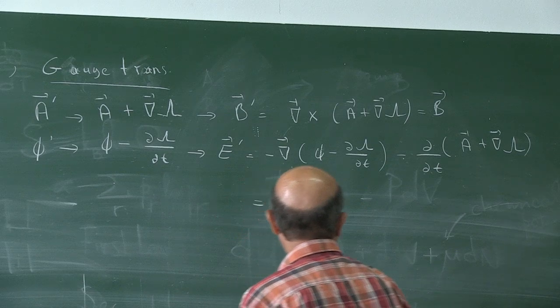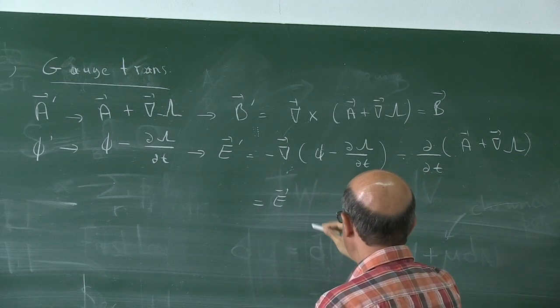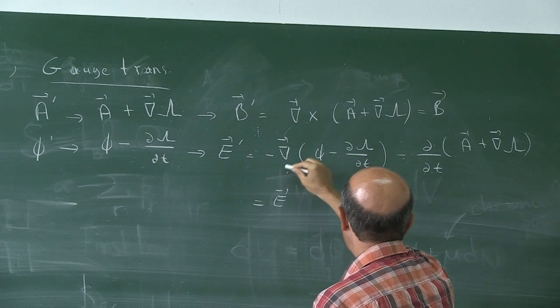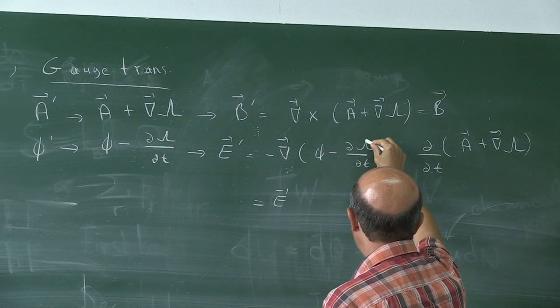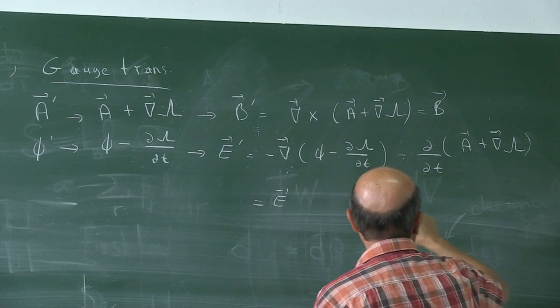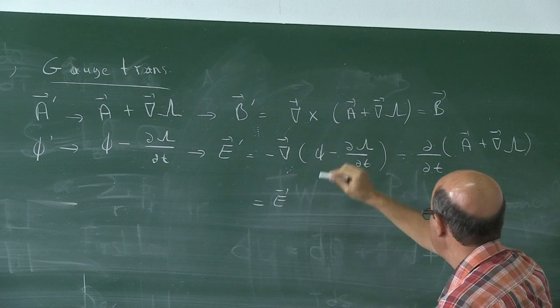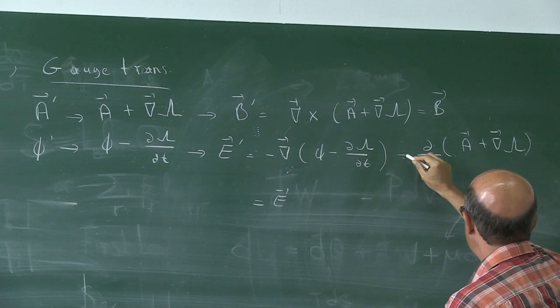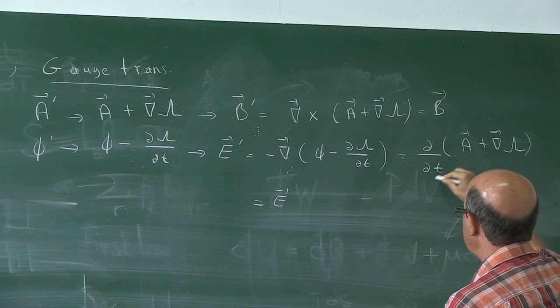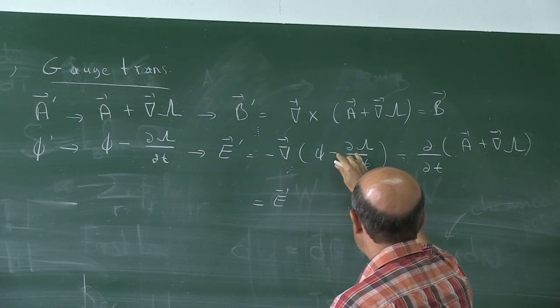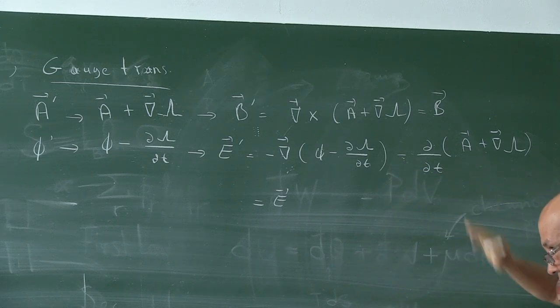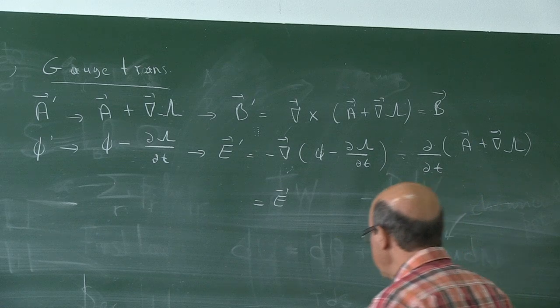And if you look at the other mixed term, you have minus plus gradient of del potential over del T, and the order is changed. So this gradient times del over del T commute with each other. Therefore, the rest will be 0.